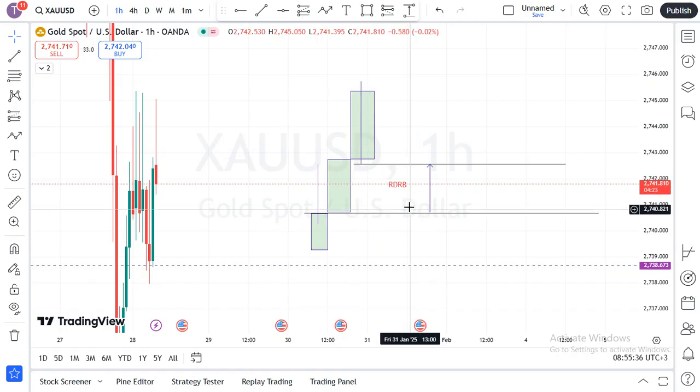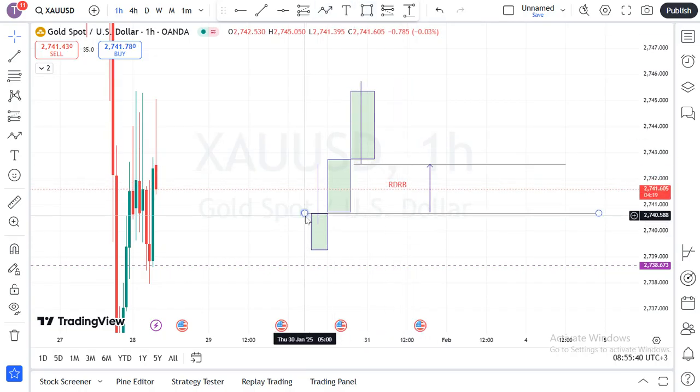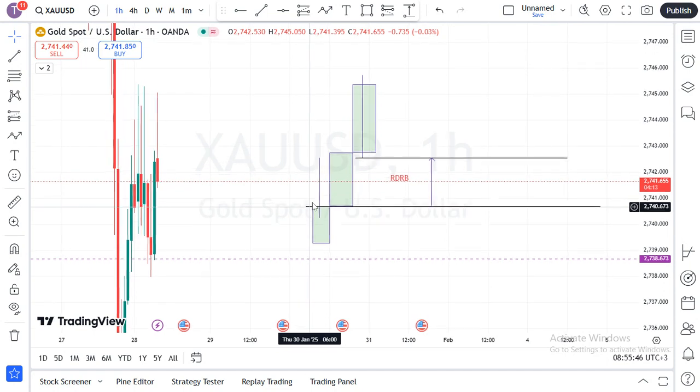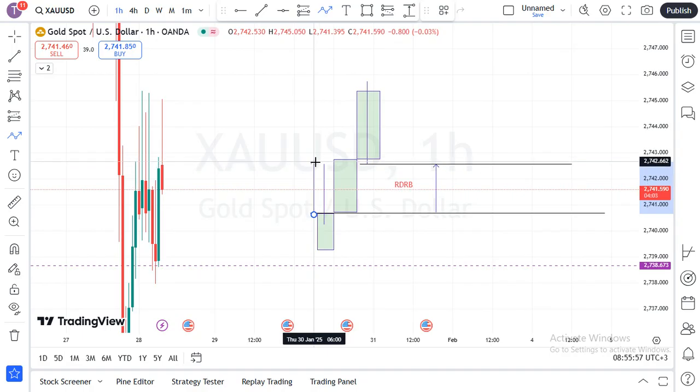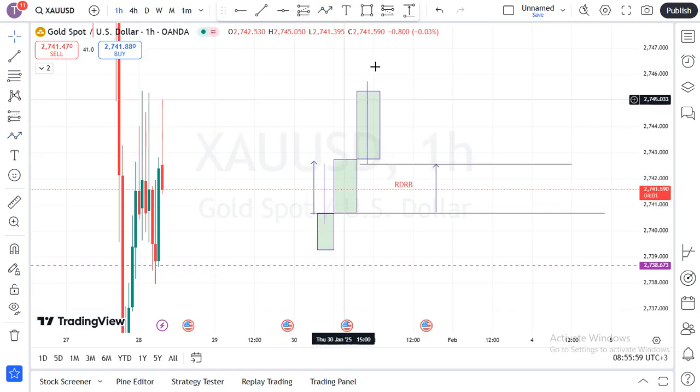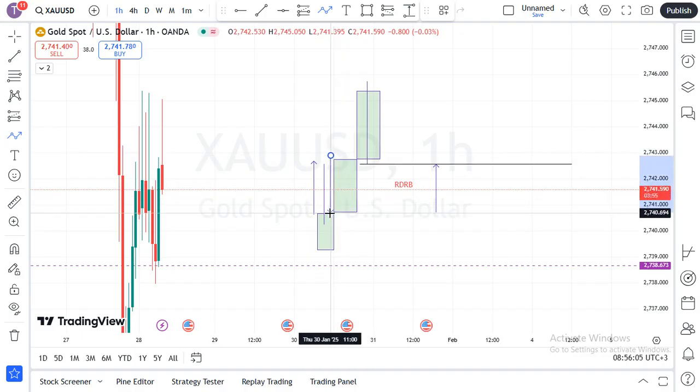So what does this mean? So it means this candlestick, it was delivered here. As you can see, this candle redelivered, it delivered here, and then after all, it was rebalanced by this candle here.